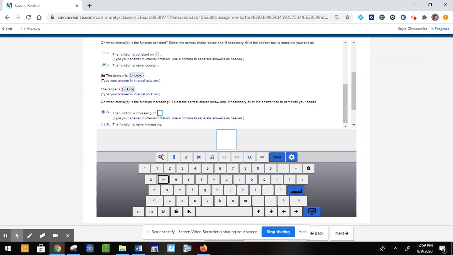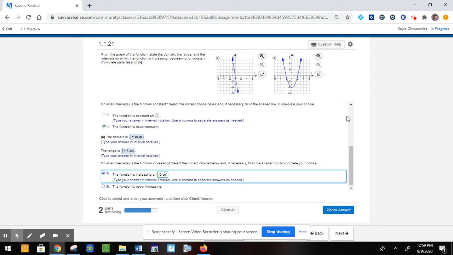We're also not going to include 0, so we're going to use parentheses and not a bracket. The reason is because at that exact point, it's constant, meaning it's flat at the vertex. Everything to the right of 0 is increasing.